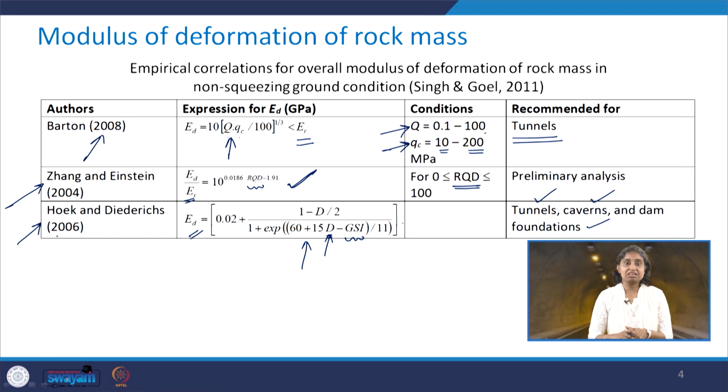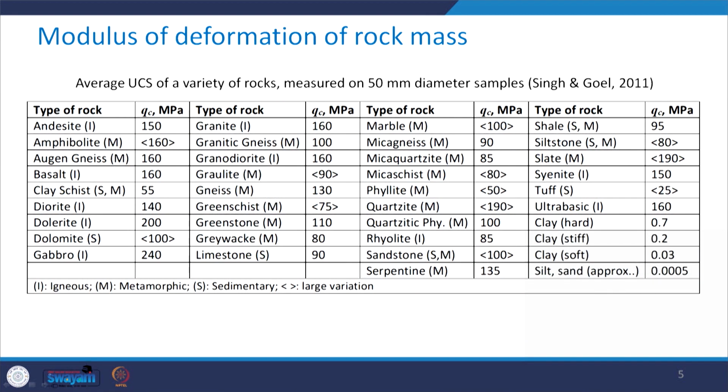You have seen the use of RMR, use of Q, use of RQD, use of GSI. So various empirical correlations were proposed by different research workers, and based upon their field study and lab study, they came out with these expressions.